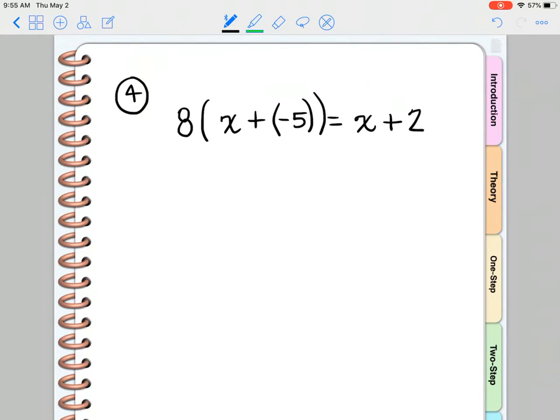Now don't let this get you rattled. All those parentheses are going to be okay. Let's put the ghost ones in there.